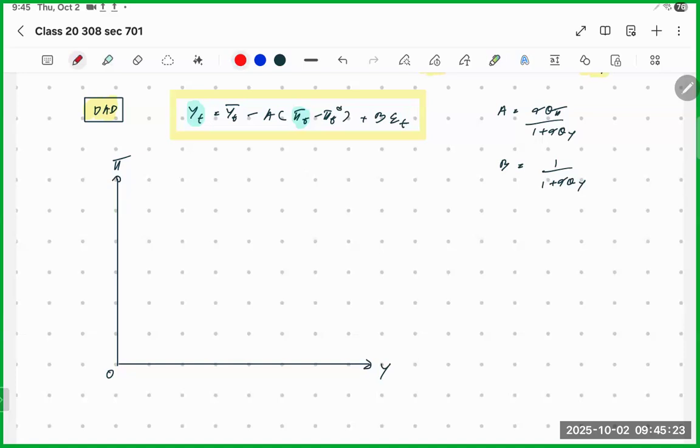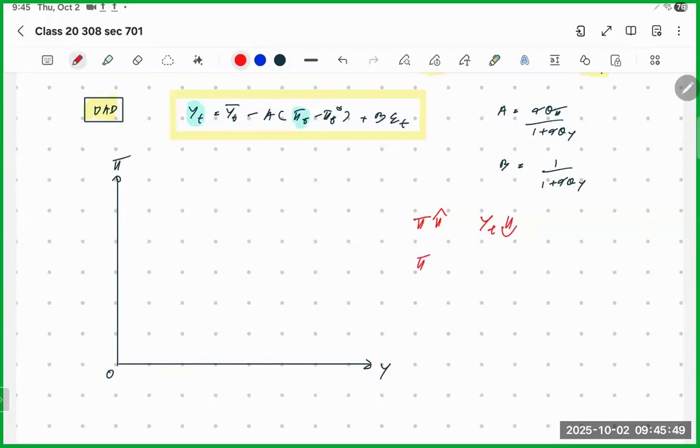If inflation becomes higher, everything becomes more expensive, right? The right-hand side becomes what? If pi becomes higher, in front of the bracket is minus. If inflation becomes higher, the right-hand side of the equation becomes lower, which means people are going to spend less. Y_t is going to be low. Left-hand side is going to be low.